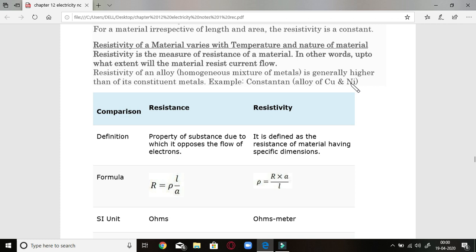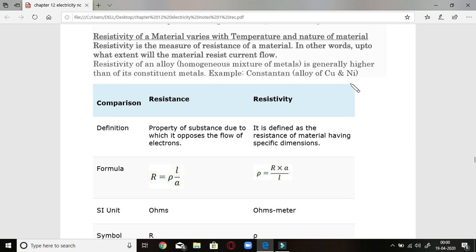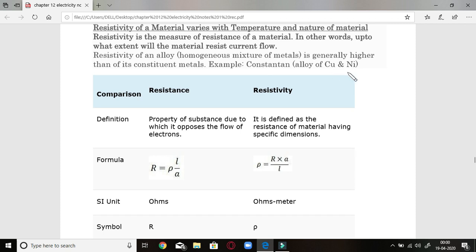That is why this type of material is used to make the filament of a bulb or other electrical appliances. It is of widespread use. So whenever we are going to select or talk about resistance, first of all we should check the resistivity value of the material. Only then we can say that yes, this is perfect to make a resistance or to make a conductor.